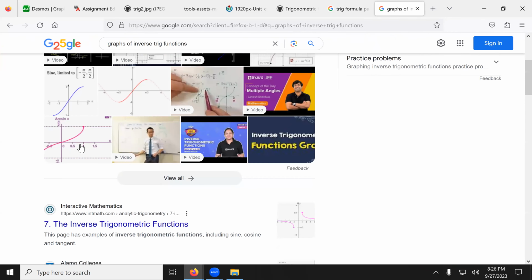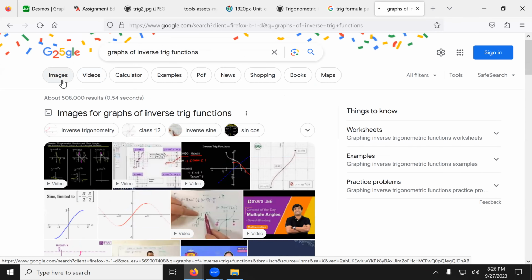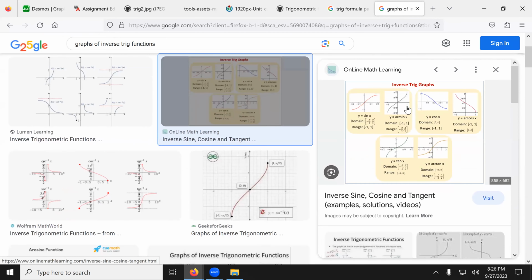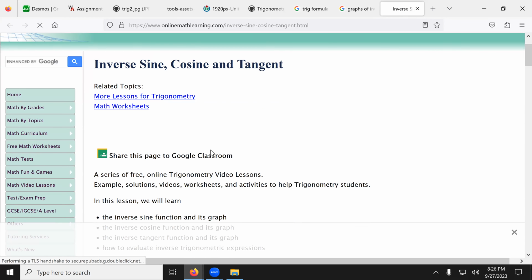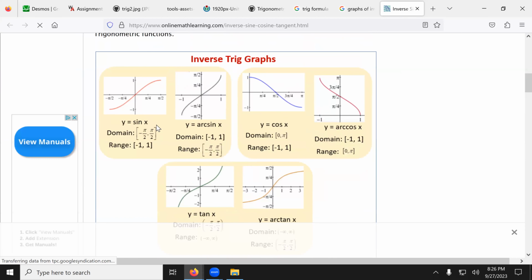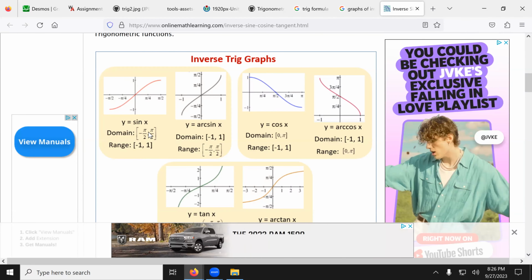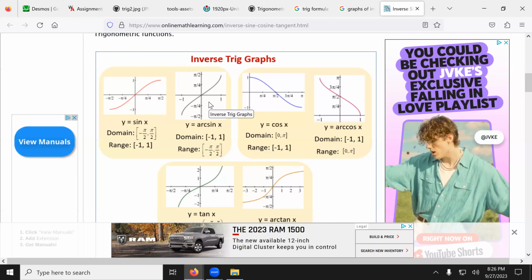So these pictures right here are the definitions and inverses of all the trig functions. So here's the original sine, this is arc sine.